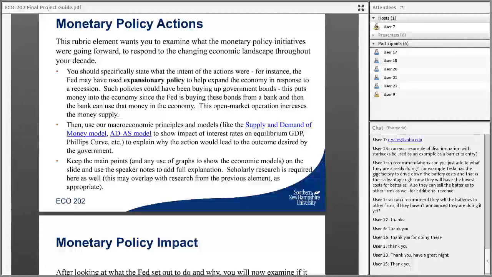Once you have identified the monetary policy actions, you can use models to also explain the intent and what those monetary policy actions are trying to achieve. For example, the AD-AS model. I encourage you to go in my econ lab and use the resources available there.